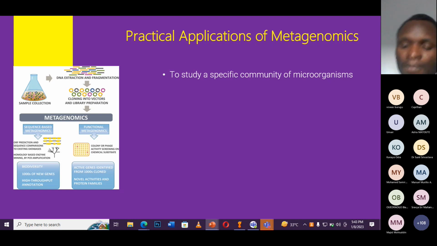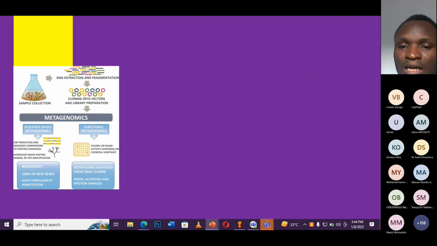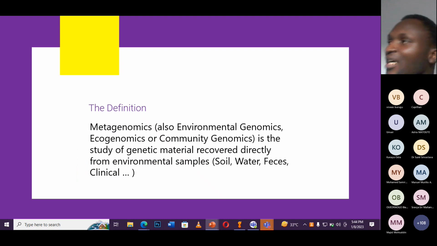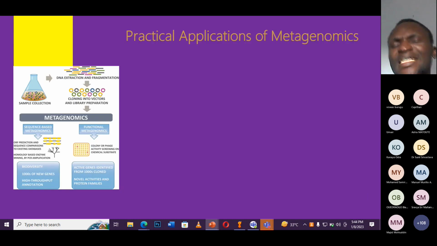They can be soil, water, feces, clinical samples, pond water, ocean water. By the time you get the sample from the environment, you take it to the lab for culturing, and then for sequencing.